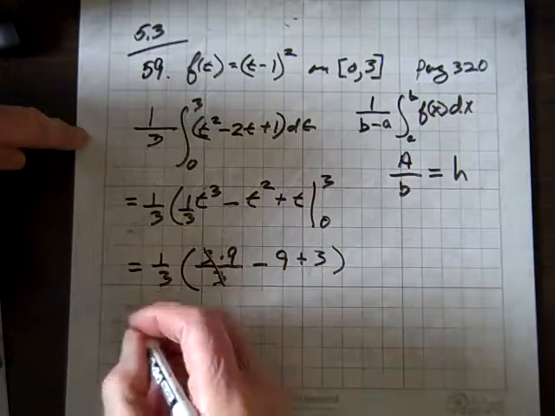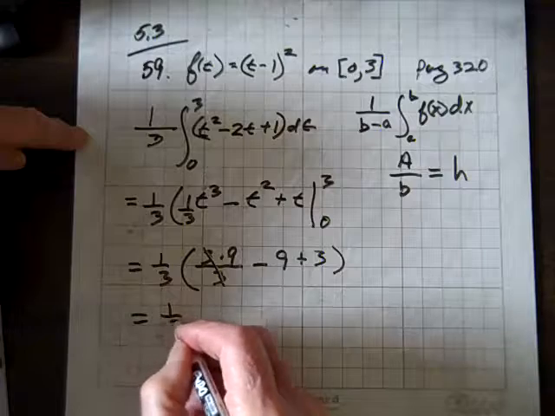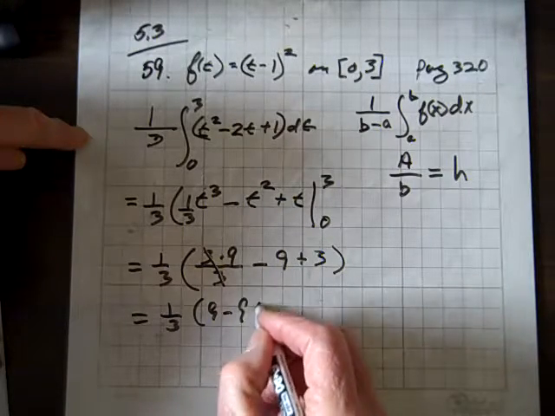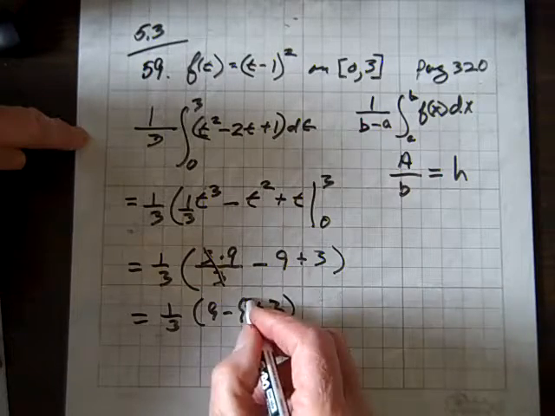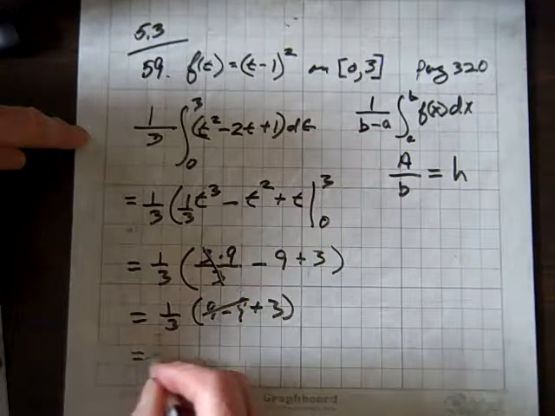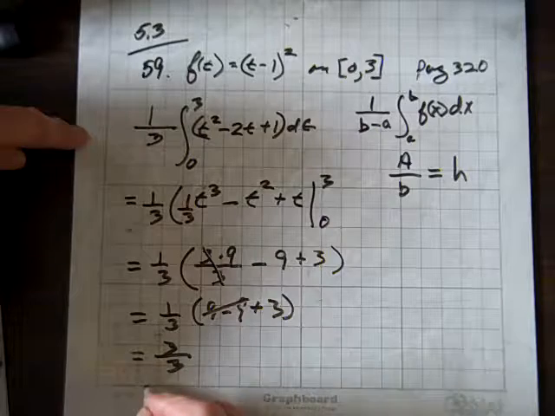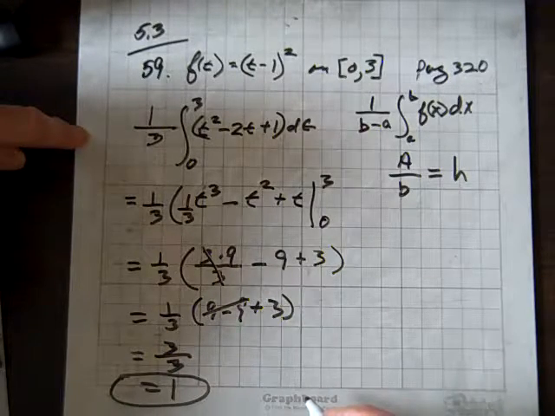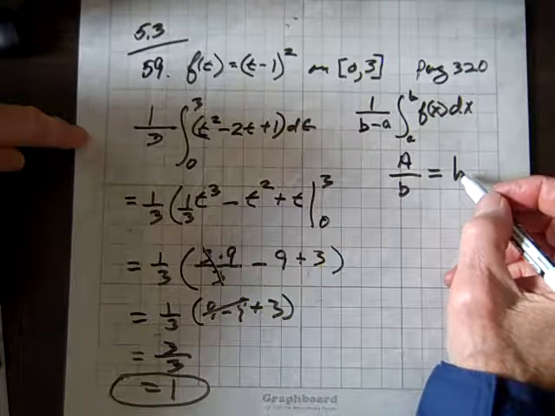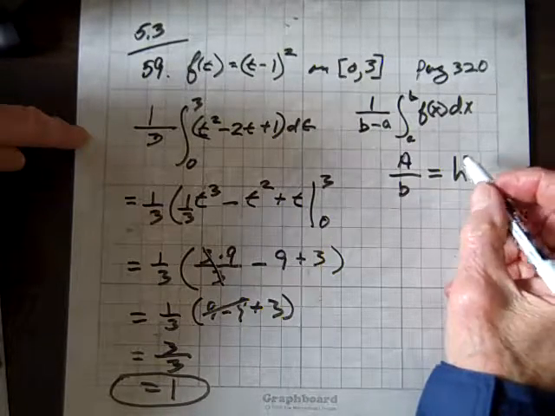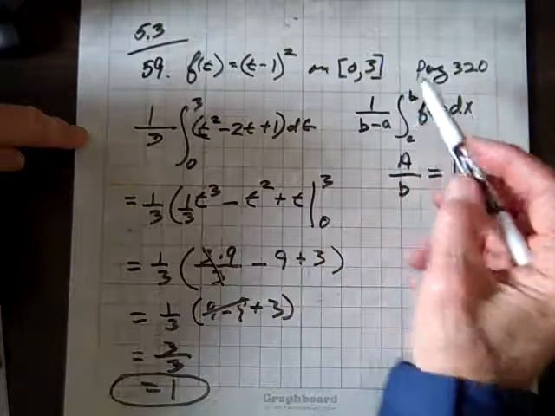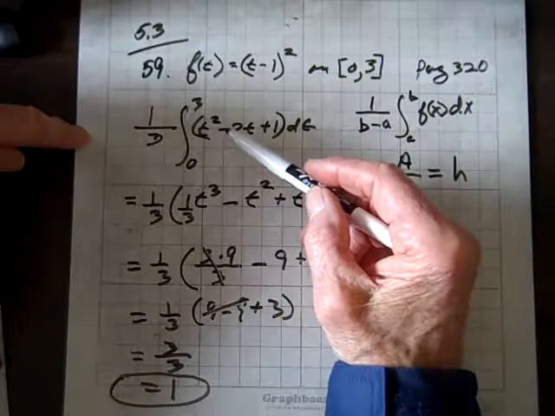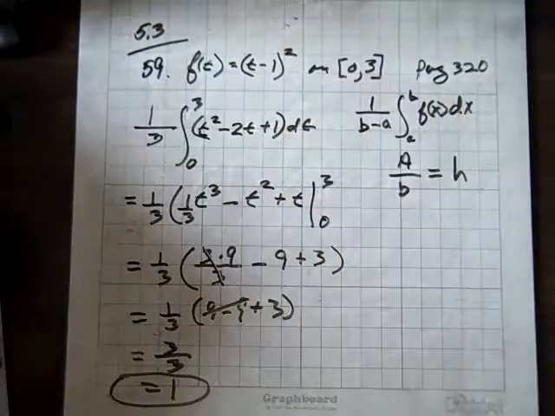Well, here the 3's divide out, and we get 1/3 times 9 minus 9 plus 3. Well, that's 0, and we just get 3 over 3, which equals 1, and that's the average value. In other words, that's the height of the rectangle, whose width is 3 units, that would have the same area as the area under this curve. And we're done.